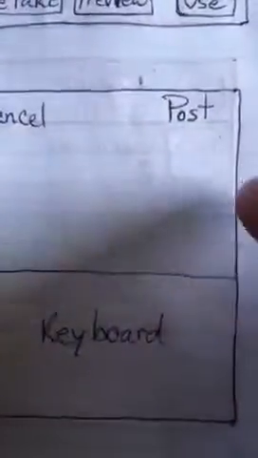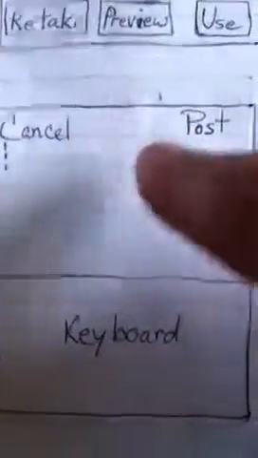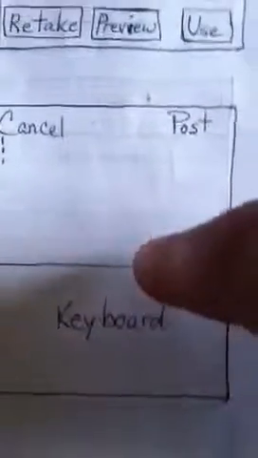But let me go over the other thing, because this is a little bit different. When you hit title, this screen here shows up, which is a keyboard, and it's a clear screen where you can type in whatever you want to title this photo or this content.